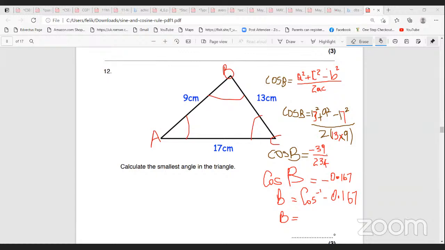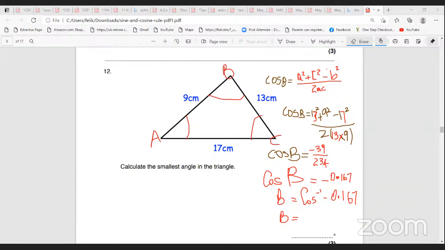Come again with your calculator. Your calculator first: shift, cos inverse, then negative 0.167. Miss, it's the same thing.